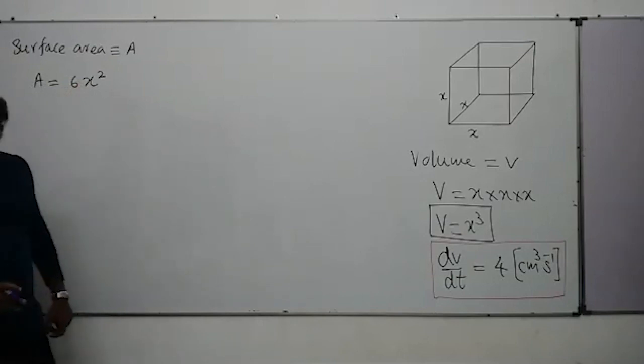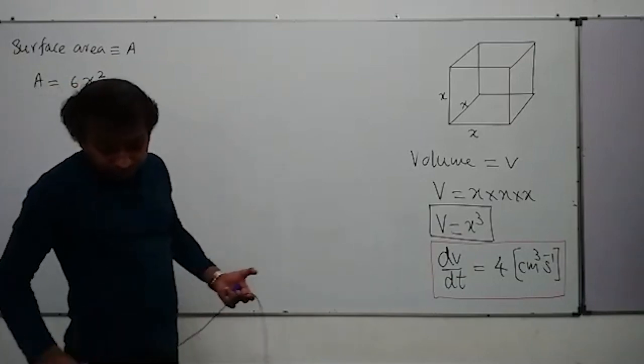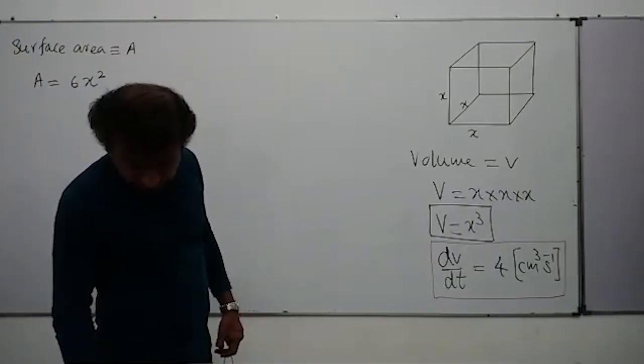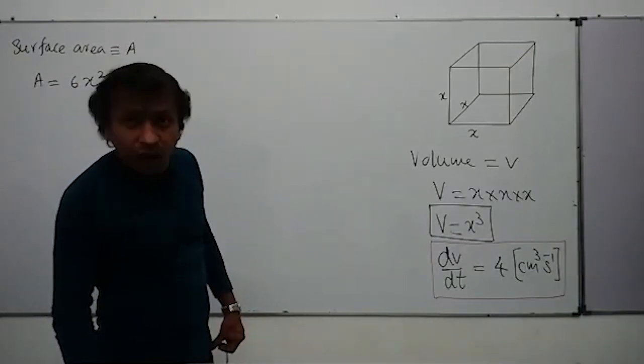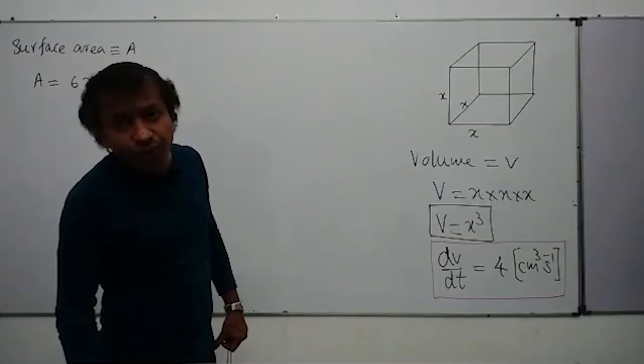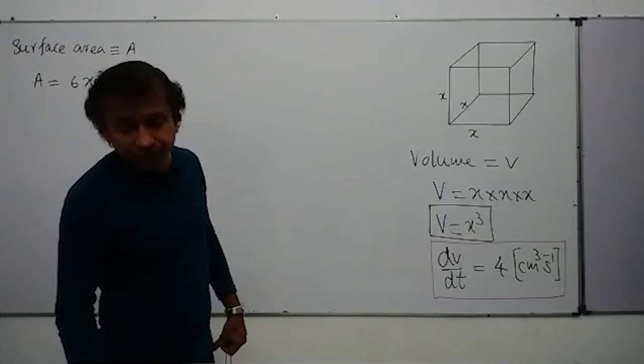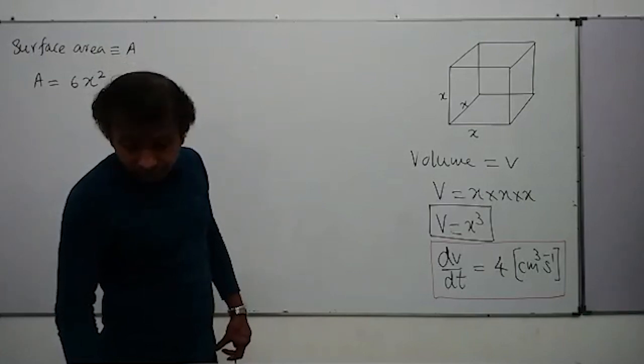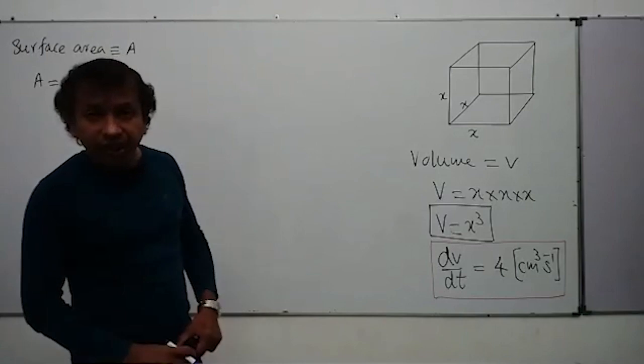Right. Now what we need to find, people, is how fast the surface area is increasing. How fast means the rate in 1 second. In 1 second, what is the increase in the area when the volume of the cube is 8?